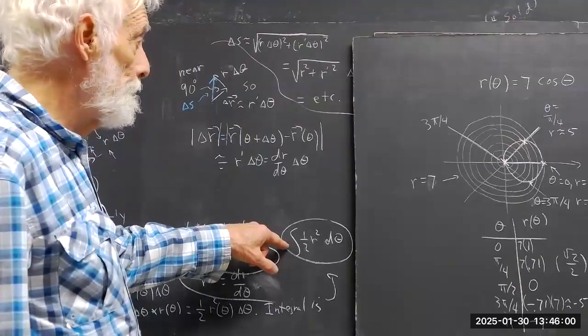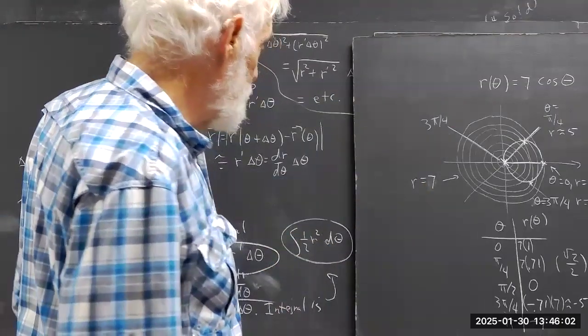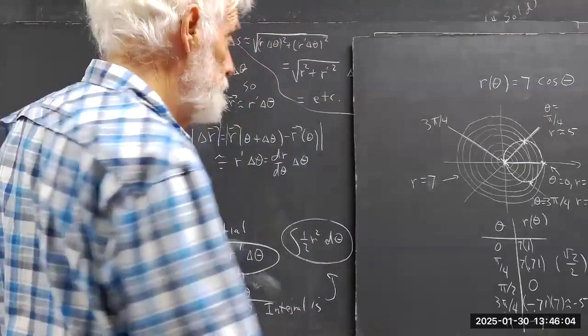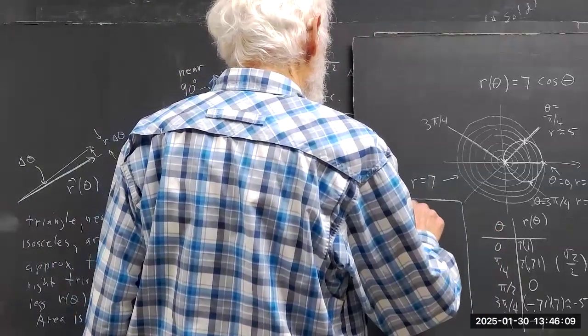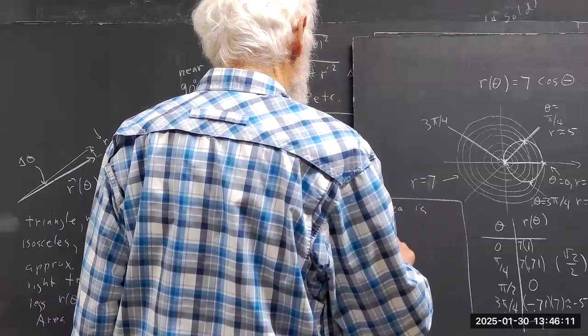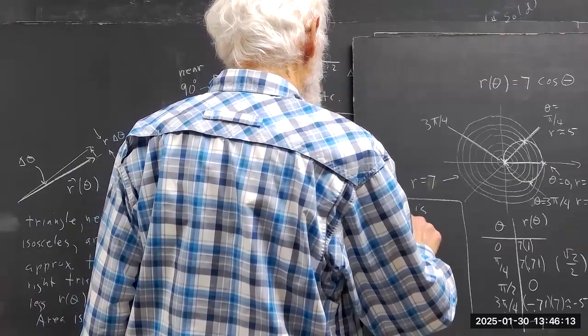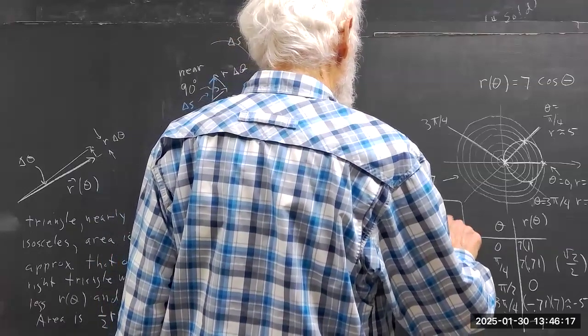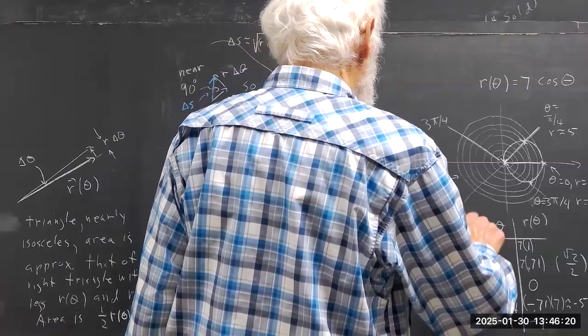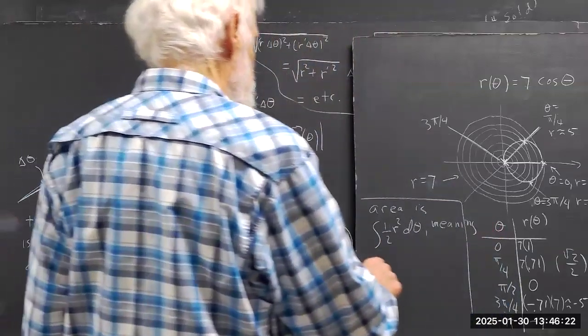So let's apply this to r of theta equals 7 cosine theta. What does this mean?